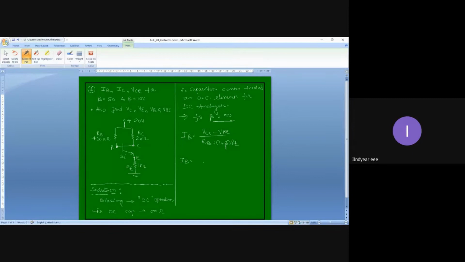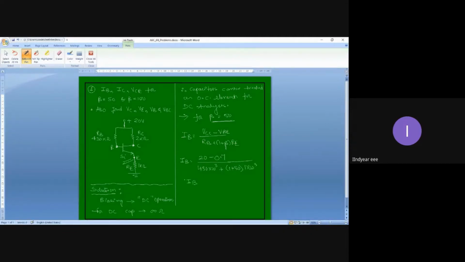So IB equals VCC, which is 20, minus VBE, which is 0.7 for a silicon transistor, divided by RB, 430 kilo ohm, that is 430 into 10 to the power 3, plus 1 plus 50 into RE. The value of RE is 1 kilo ohm.